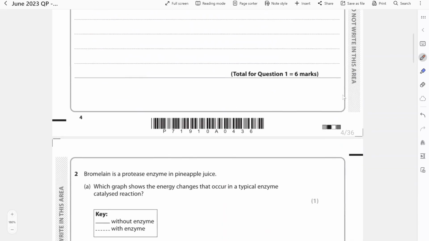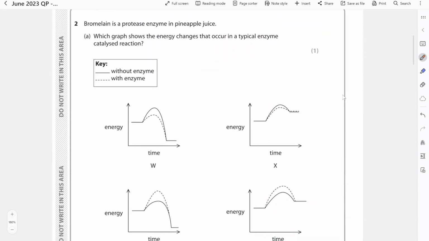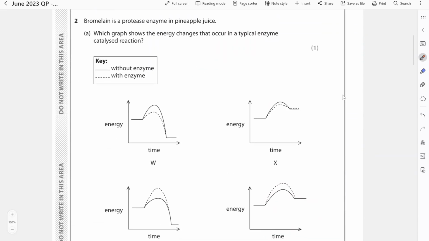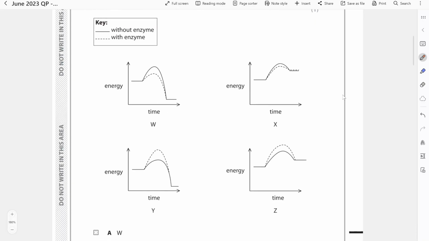All right, let's move on to question 2. Bromelain is a protease enzyme in pineapple juice. Part A, which graph shows the energy change that occurs in a typical enzyme catalyzed reaction? All right, so enzymes are responsible for lowering the activation energy.